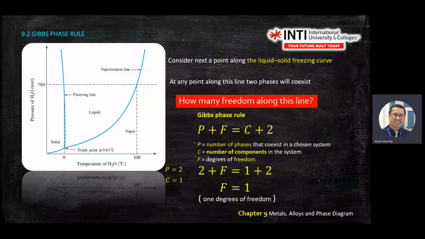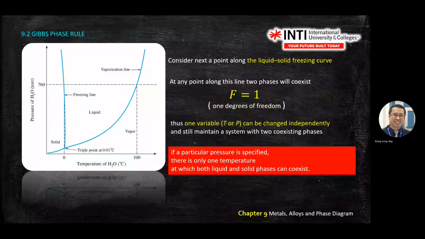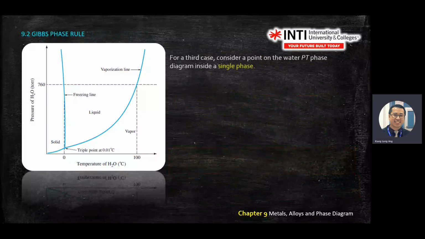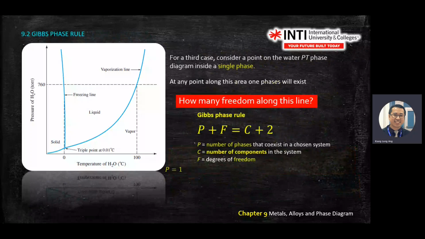So this is the first step normally when you do analysis. How many degrees of freedom do you have? If 0, then normally it's a triple point or a 4-phase point, something like that. 2 phases normally is 1.